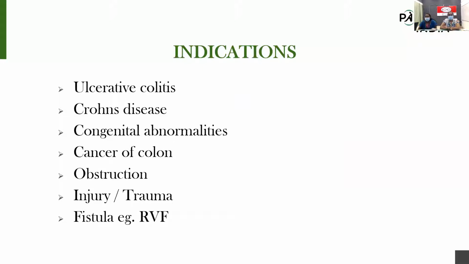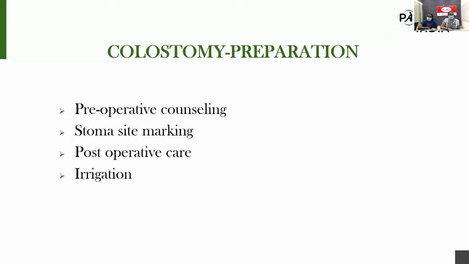Any injury or trauma to the abdominal area, we might end up with a colostomy. If there is any fistula, especially a rectovaginal fistula of high degree, then we will be doing a colostomy.